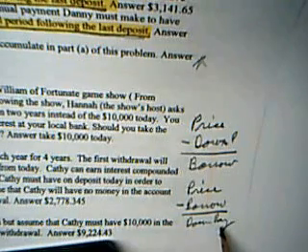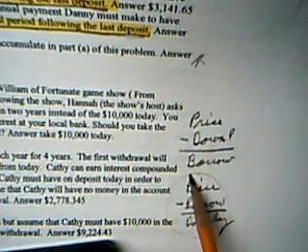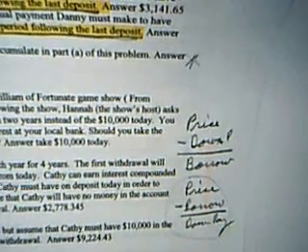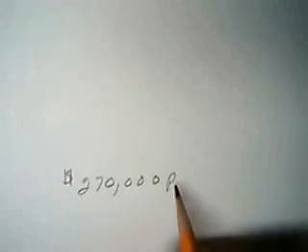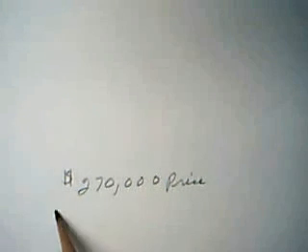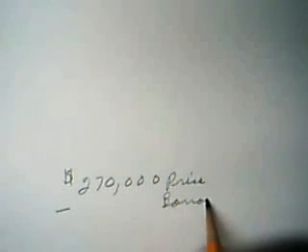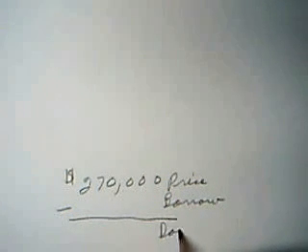That equals the down payment. So this is the expression we need right here. The price of the house, $270,000, minus the amount we borrow, that's equal to the down payment.